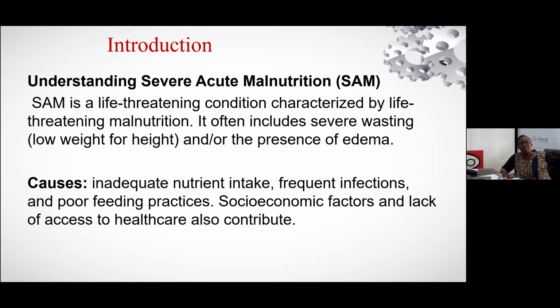The child tends to be more severe when we use the WHO Z-score. And Dr. Esther talked about the causes: inadequate intake, infections, poor feeding practices, social factors, and lack of health access, which can contribute to malnutrition.